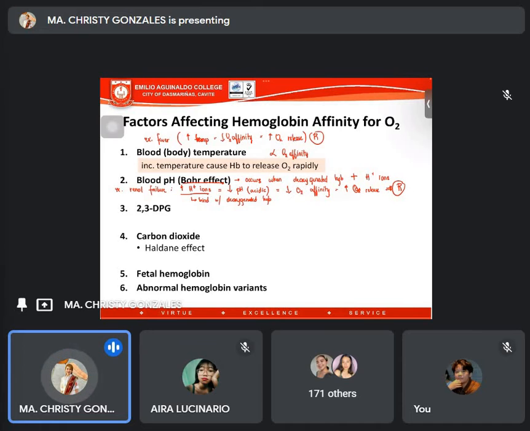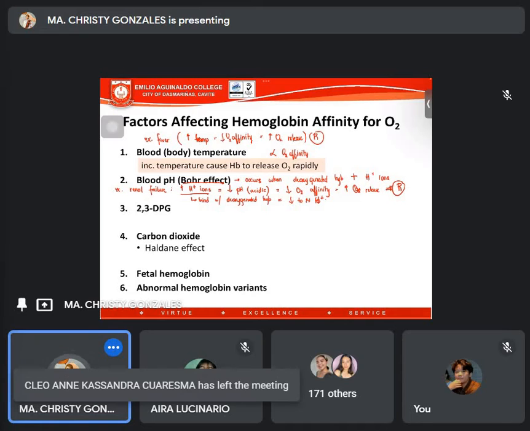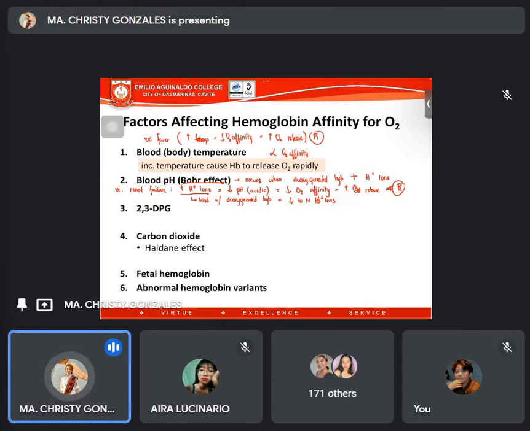So, that is what you call the Bohr effect. Kapag nag-bind na yan, magdi-decrease na ngayon to normal yung hydrogen ions natin. So, magno-normalize na rin pati yung pH ng blood natin. And that would result to normal curve.